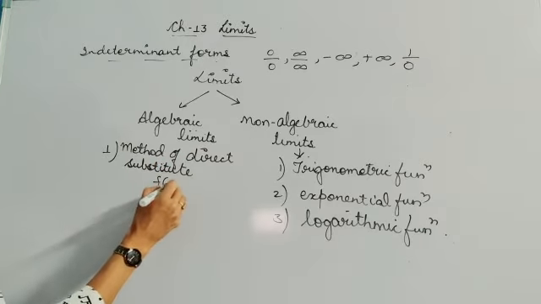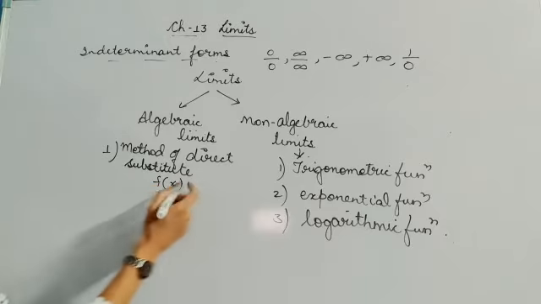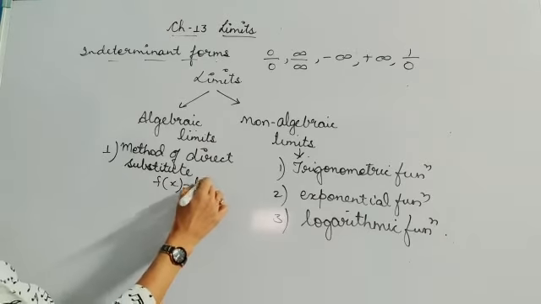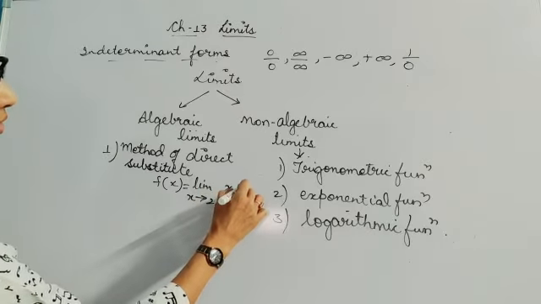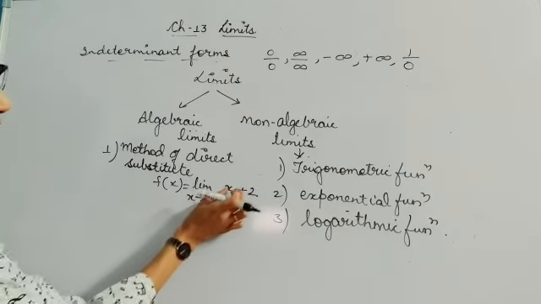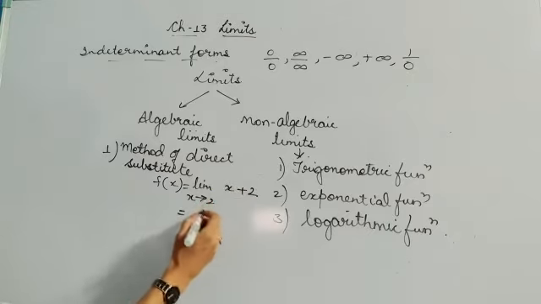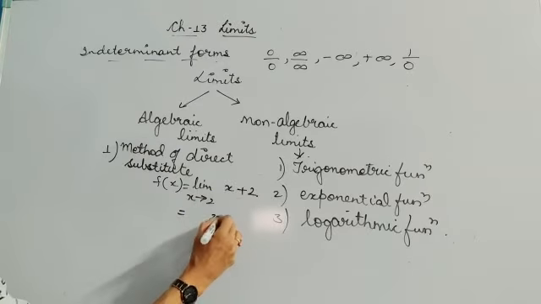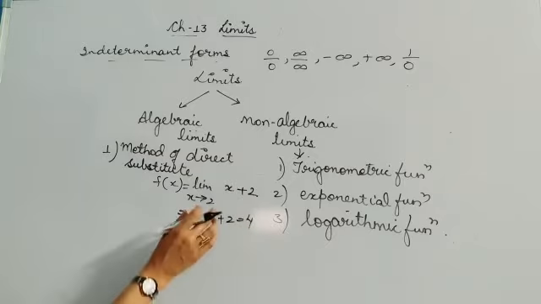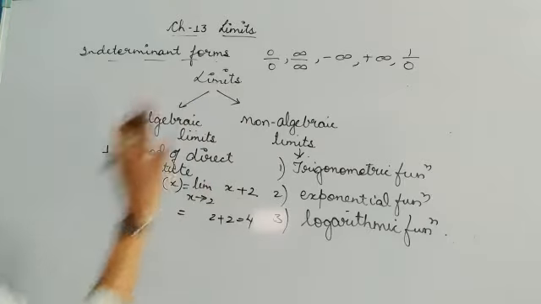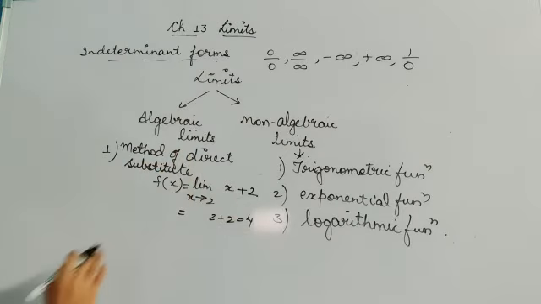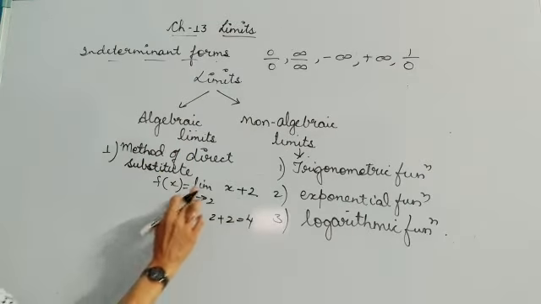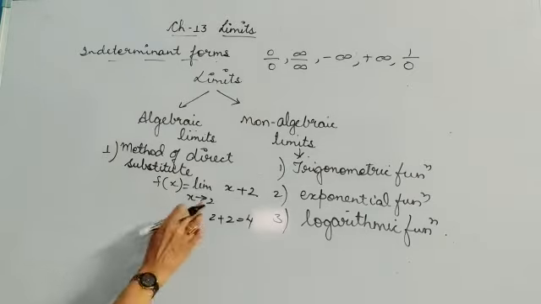For example, if the function is limit x tends to 2 of x plus 2, then you can directly substitute the value. Substituting, you will get 4, and you are not getting any indeterminate form here. So this is your direct substitution method, in which you just put x equal to the limit.